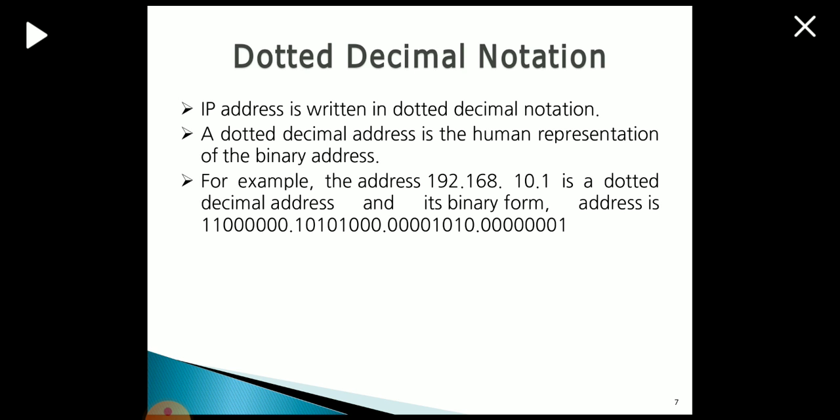For 168, it is represented as 10101000. For 10, the binary form is given as 00001010, and for 1, the binary address is given as 00000001.